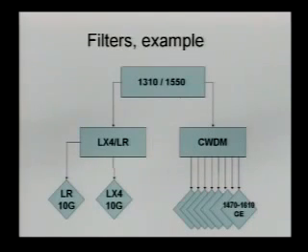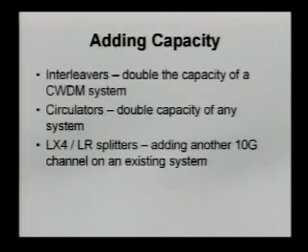This is an example of a filter setup for one of the configurations. First, we have a 1310/1550 splitter. The 1310 end goes to another splitter that extracts LX4 wavelengths, and as a result, you have two 10 gigabit channels and 8 gigabit channels over a single pair of fiber.